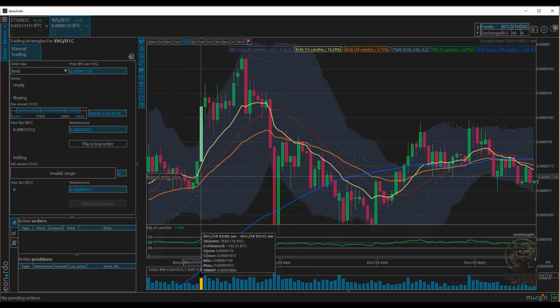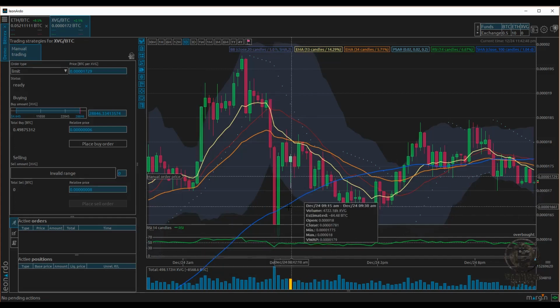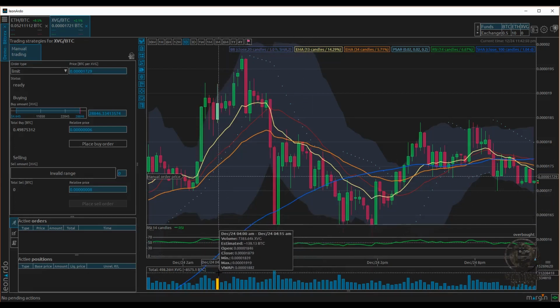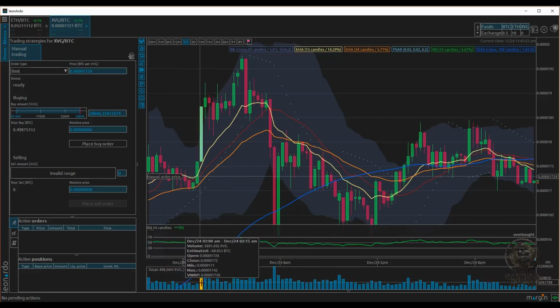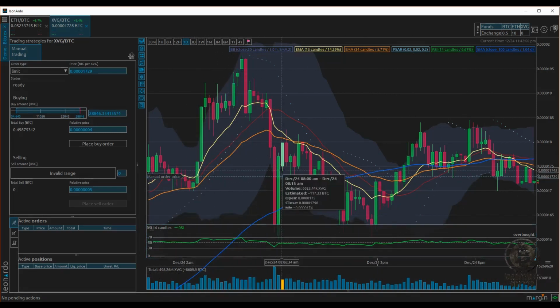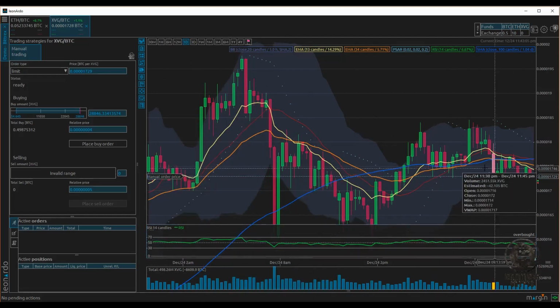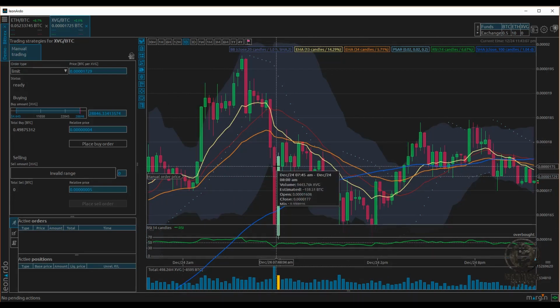Unless you want to keep a coin for the long term because for whatever reason you like it, or you think the coin will explode after, I don't know, 2, 3, 4, 10 months, or whatever. Otherwise you want to look for pairs of coins that have considerable volume. In this case, Verge, look at this, has like 8,000 Bitcoin traded in the last day, which is a huge volume.